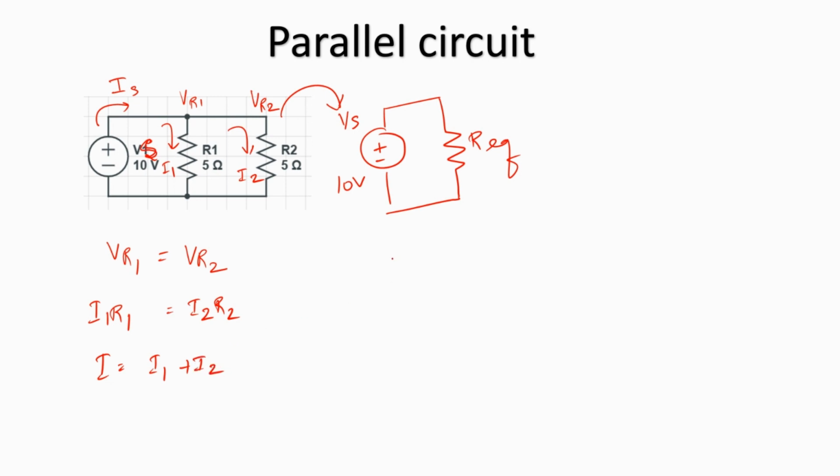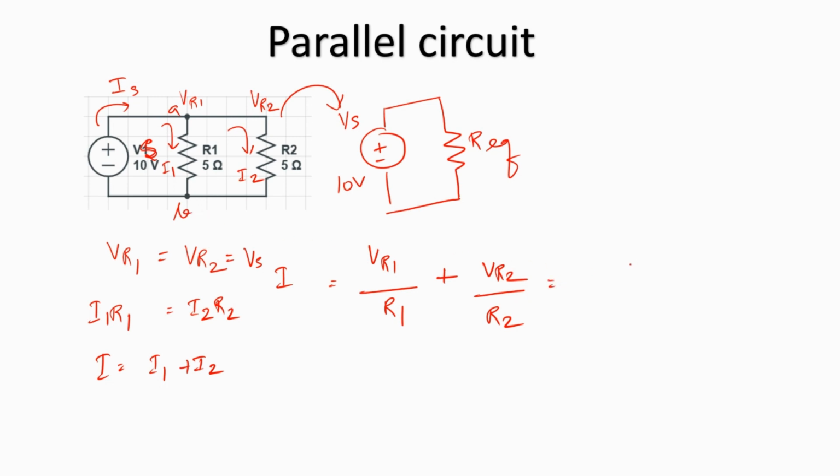Now, I can write I1 as VR1 by R1 and I2 as VR2 by R2. So this is equal to I. What really are VR1 and VR2? They are actually equal to Vs, because after all, they are the voltage drop across the same terminals AB.